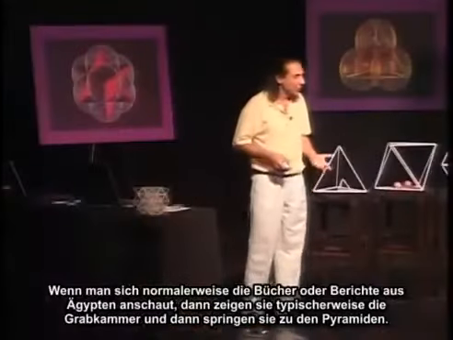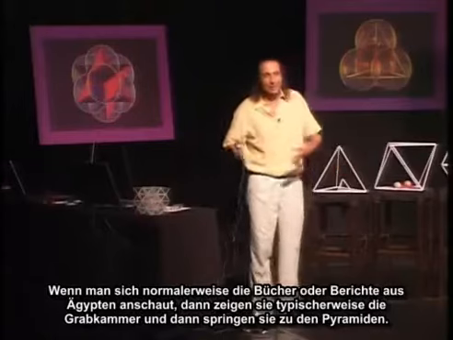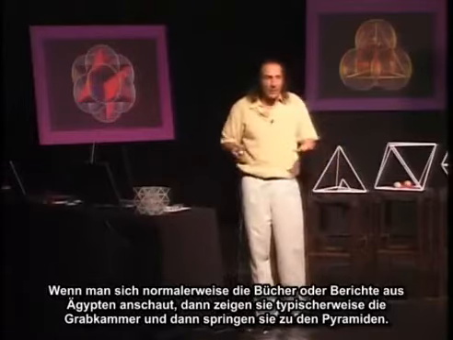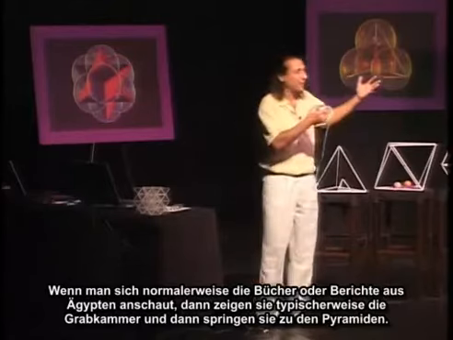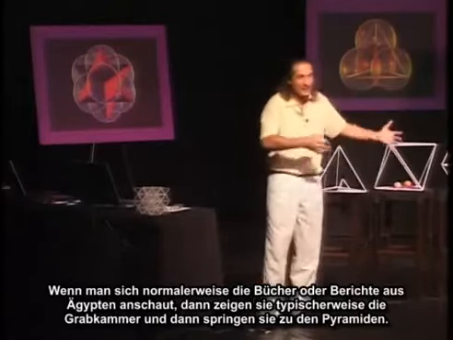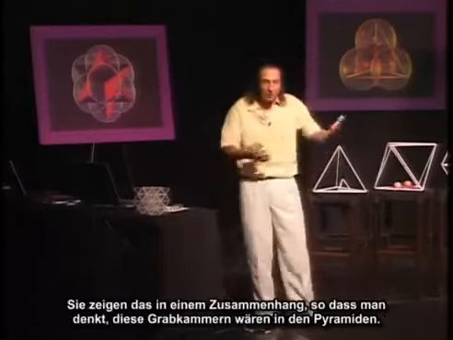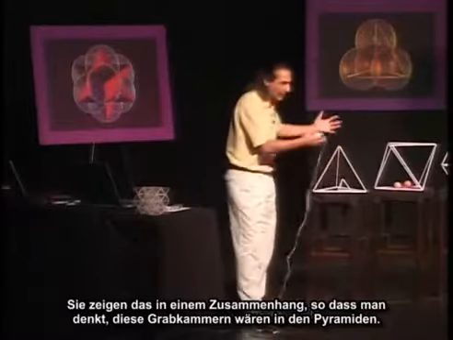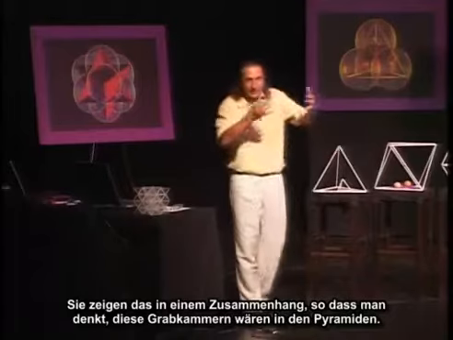And typically when you look at the books or the reports from Egypt, they show the pharaoh's tombs and then cut to the pyramids and show this all together in a way that you think you're looking at this pharaoh tomb and it's in a pyramid.